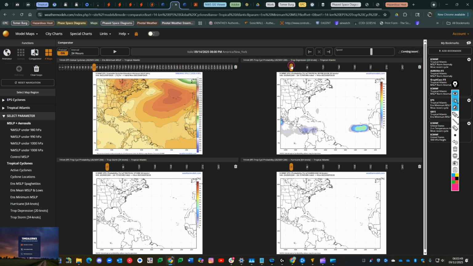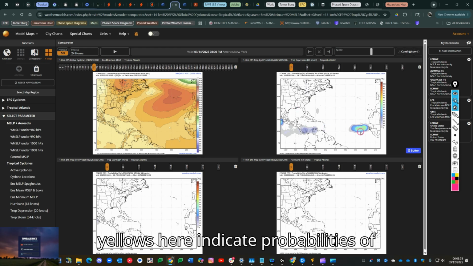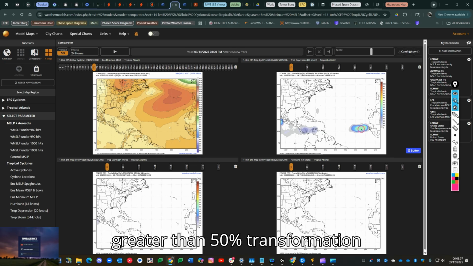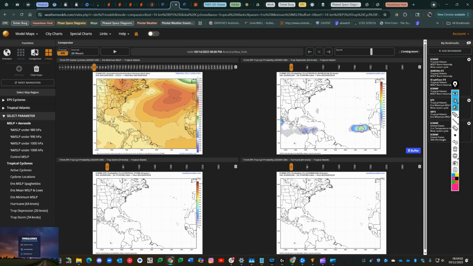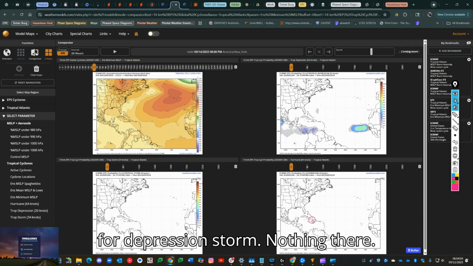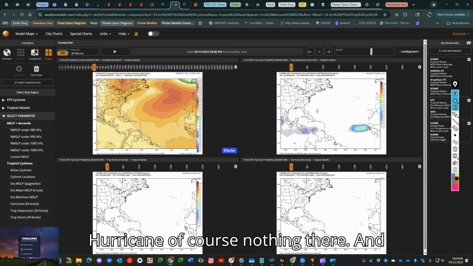So deeper yellows here indicate probabilities of greater than 50% chance of formation in the next 72 hours. For depression, storm, nothing there. Hurricane, of course, nothing there.